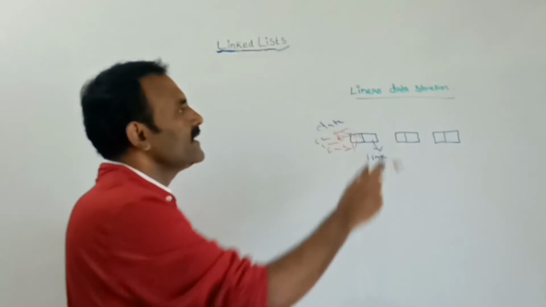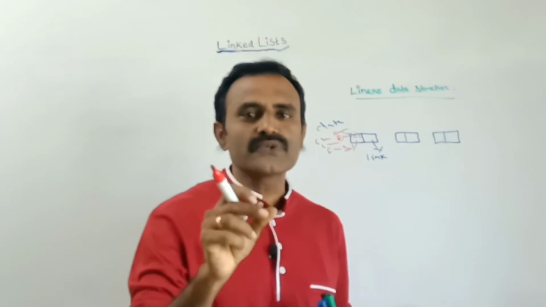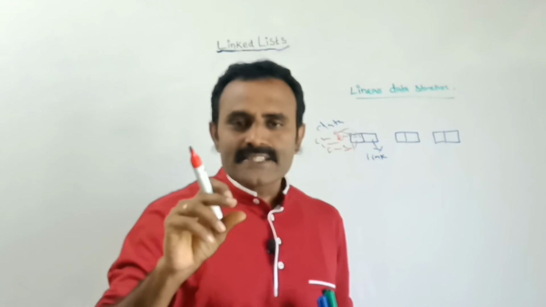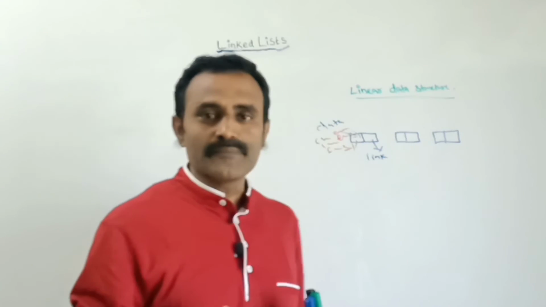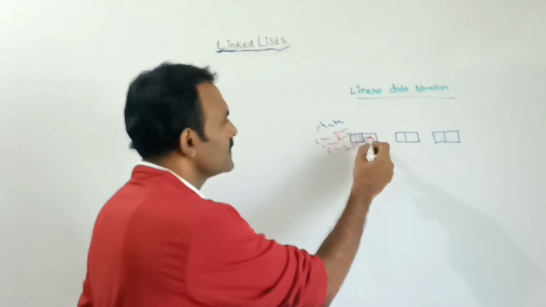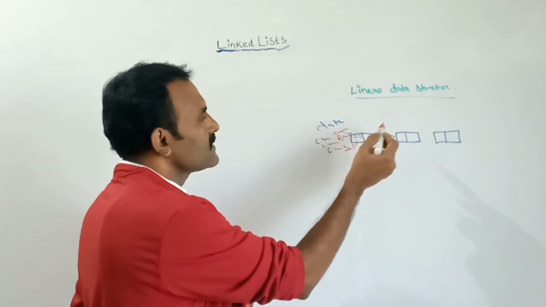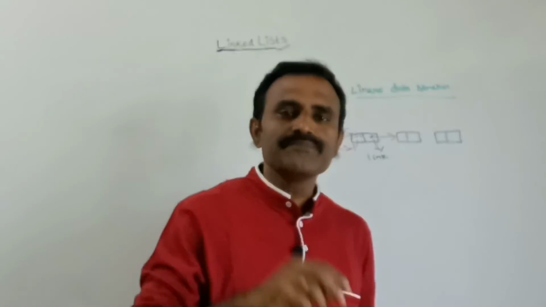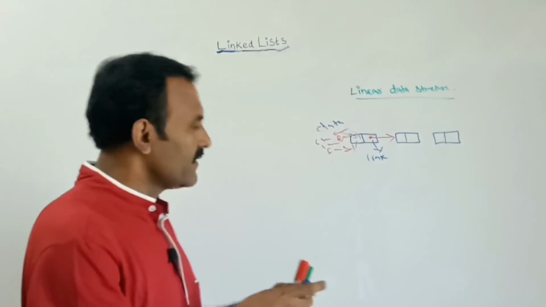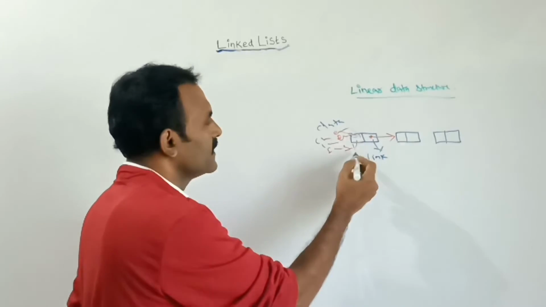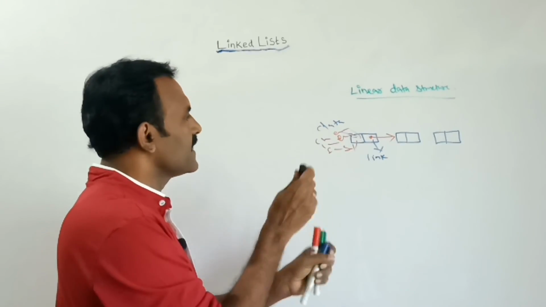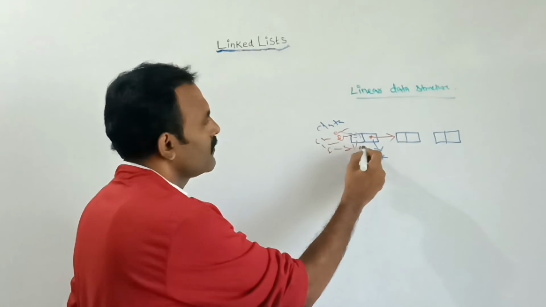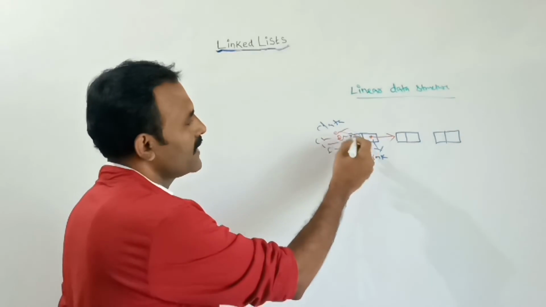This linear data structure is used to store the linear relationship between the adjacent elements. That is important. Here the link has the address of the next node, and each and every node has a unique address. For example, suppose this node is created in memory block 1000, that is the starting address is 1000.